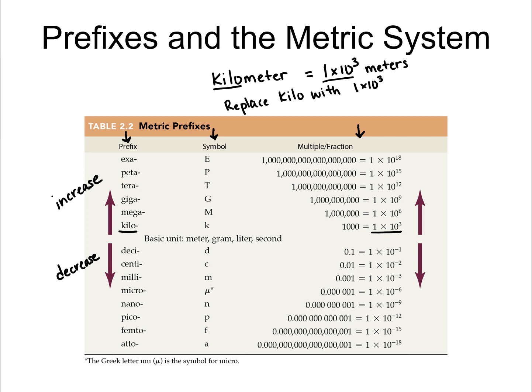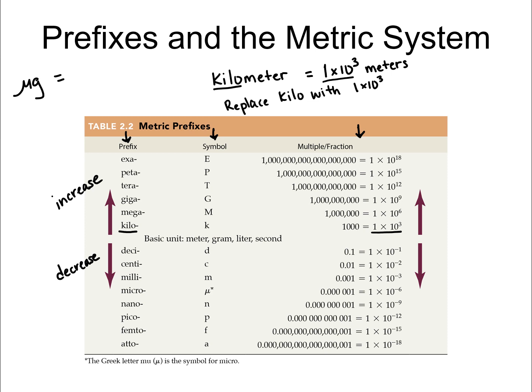Let's do another one. Let's say that I have micro. That is the sign for micro. It's got a little tail. Let's say I had a microgram. Find micro on the chart and tell me what the scientific notation is.